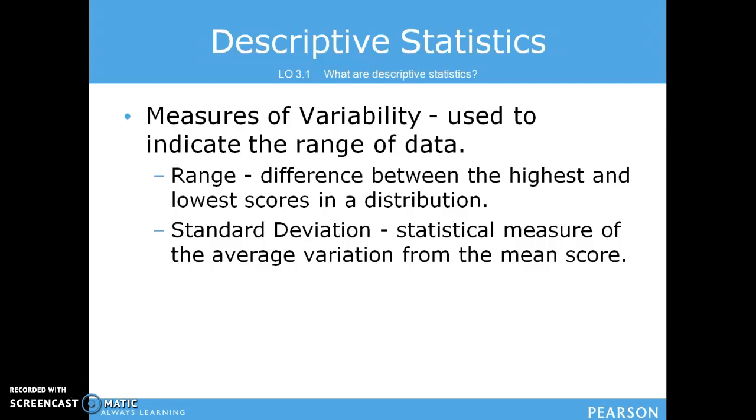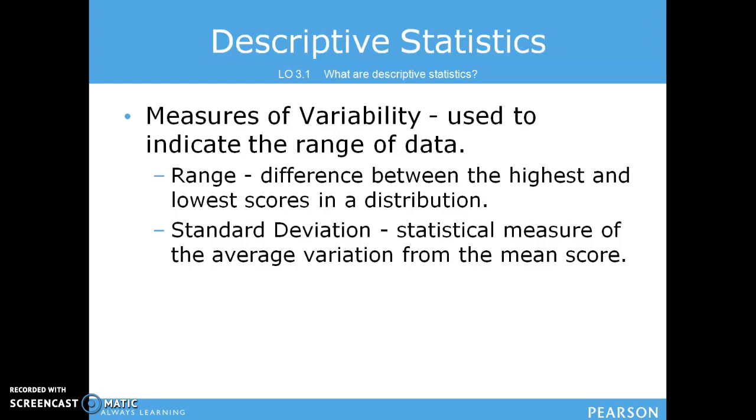So, for example, if the lowest score was 40 and the highest score was 150, then your range is about 110. And standard deviation is a statistical measure of the average variation from the mean score.